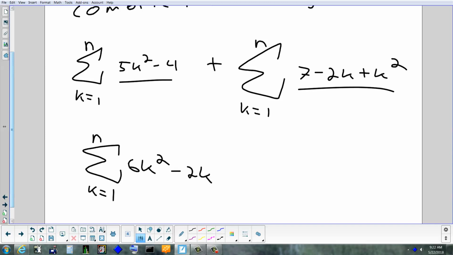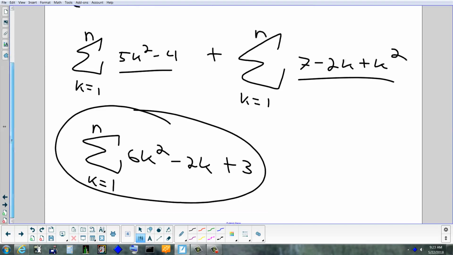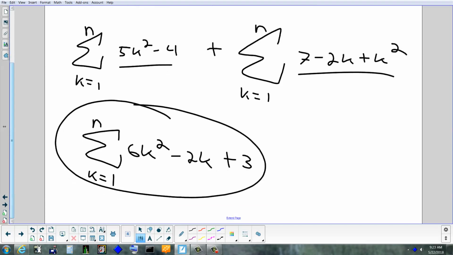Negative 4 plus 7 gives me, yeah, positive 3. So there's a quadratic sequence being summed from 1 to n, but we've taken and combined it all into one summation versus 2. Okay, questions on that? Would that be a final answer? Yes. Yep.